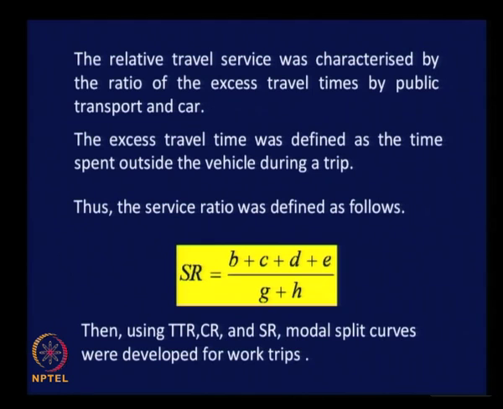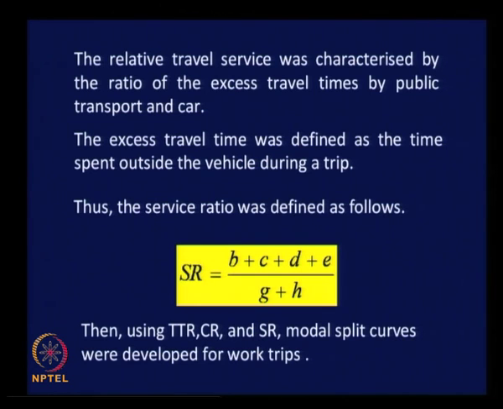Then using TTR, travel time ratio, CR, cost ratio, and SR, service ratio, modal split curves were developed for work trips first, because work trips constituted a major chunk of the total trips made, and in this example we are going to consider only work trips.